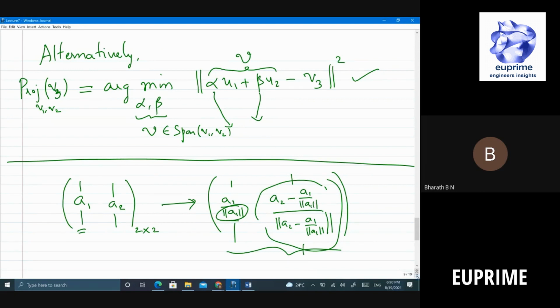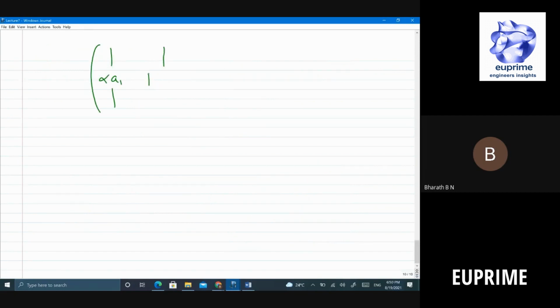So I'll call this beta A1 plus nu A2. This gave me orthonormal vectors. These are our orthonormal vectors, right?